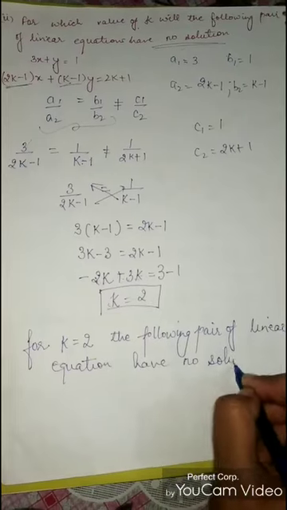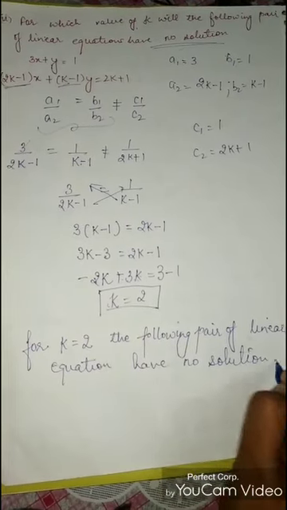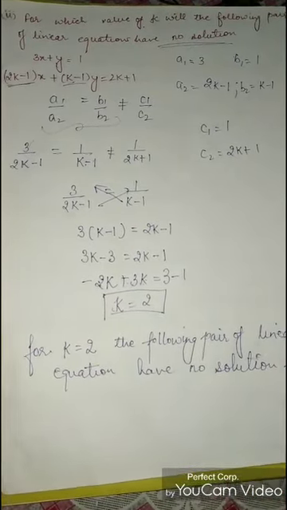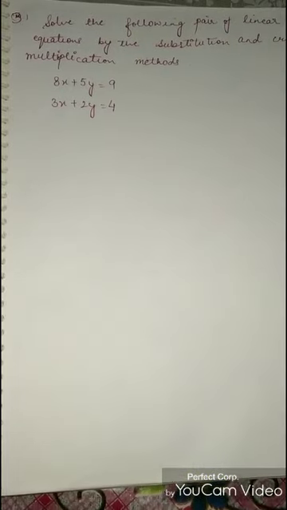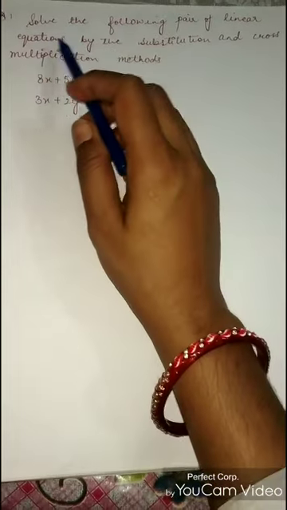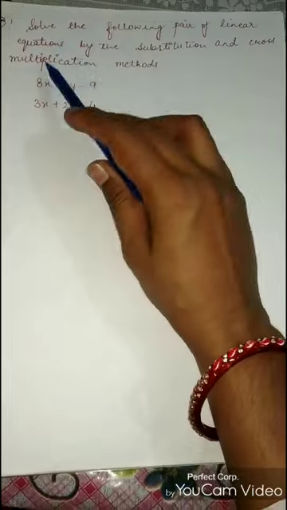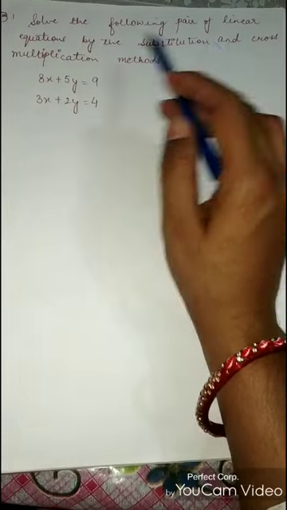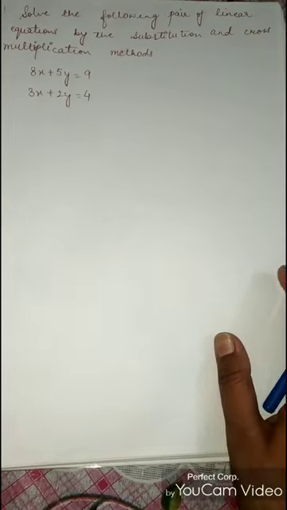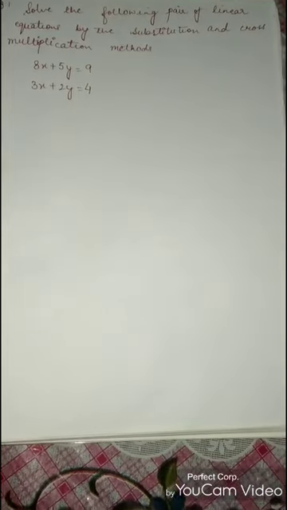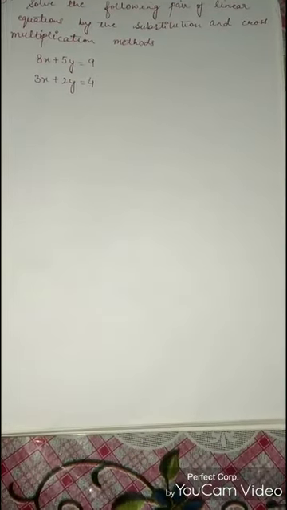In this way, we'll solve this question. Now we'll proceed to the next question, that is question number 3. Next question is, solve the following pair of linear equations by substitution and cross multiplication method. So we have to solve these two linear equations by both methods, first by substitution and then by cross multiplication method. So start solving.